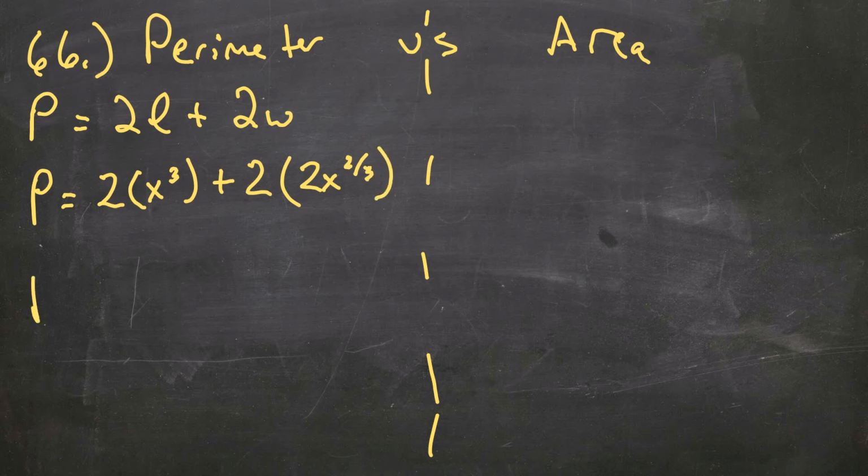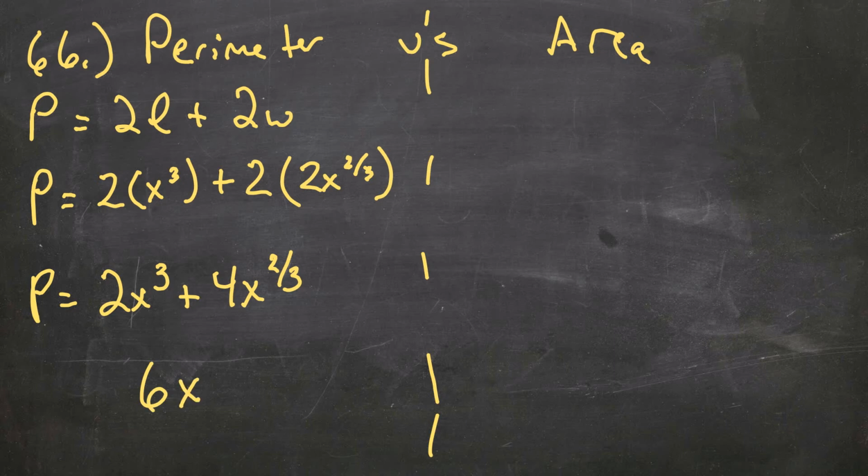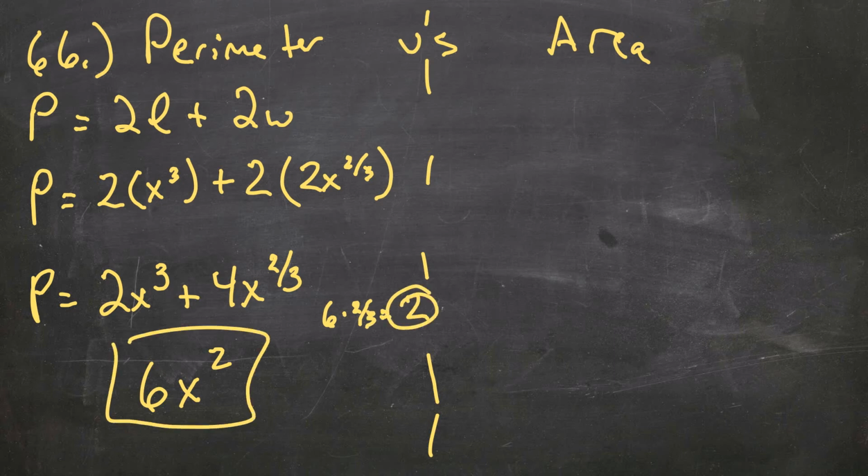So when I multiply this, I get P equals 2x cubed plus 4x to the 2/3. Since that has a plus sign in the middle, I'm going to add these, and I get 6x, and I'm going to multiply those exponents to get squared, because 6 times 2/3 equals 2. So that's my final answer for perimeter.